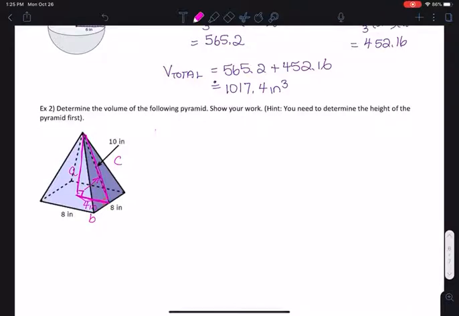So we could just draw that off to the side just so that we're clear on what that is. This is 10, this is 8, and this is my height, which is unknown.